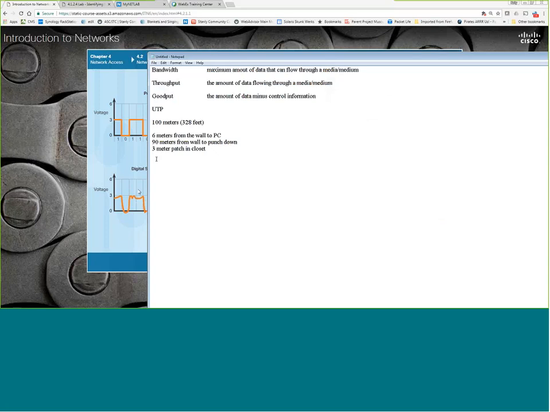Okay, they give you a meter to fudge. What's the problem with going past 100 meters? Attenuation, which is one of our main topics with any type of cabling. Attenuation, which is the loss of signal strength as a signal travels through a media or medium.